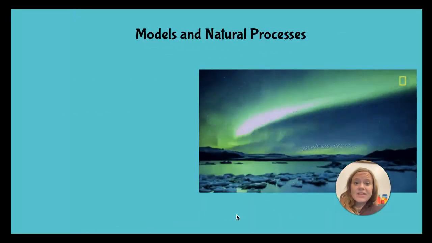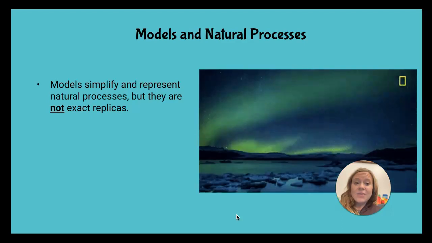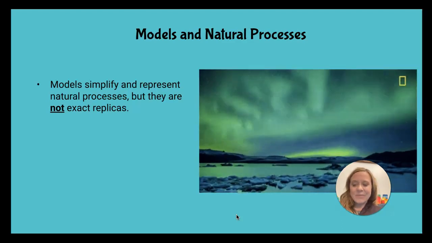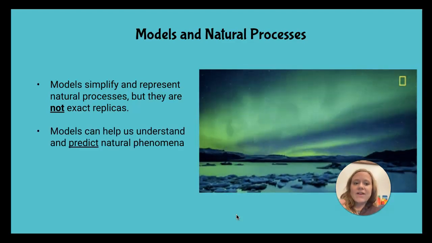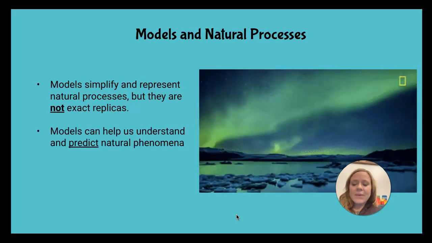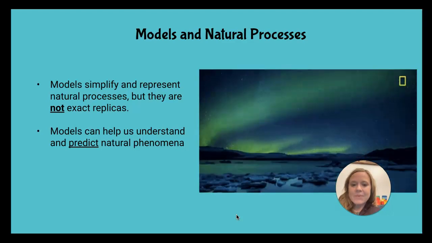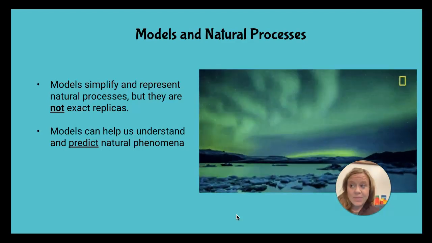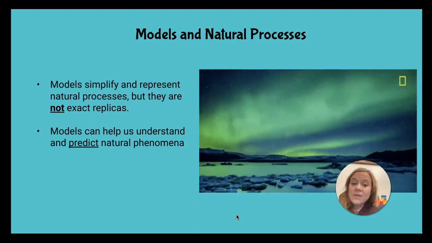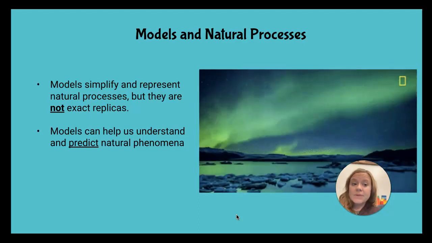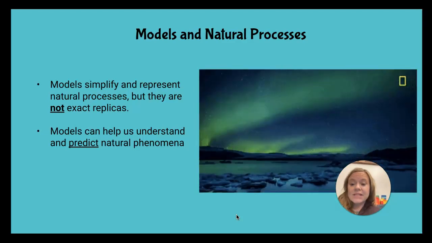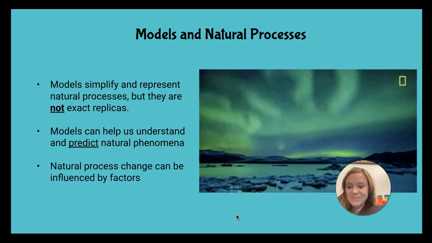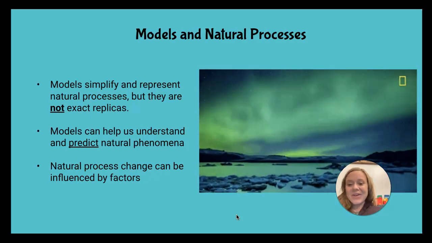Lastly, we looked at models as a representation of the natural process, but not as exact replicas. Our physical models and computer models help us better understand and make predictions, like again in the moose example this week. But they are not the exact replica, because there are other factors that can play a role, such as the moose themselves, the climate, and other animals.